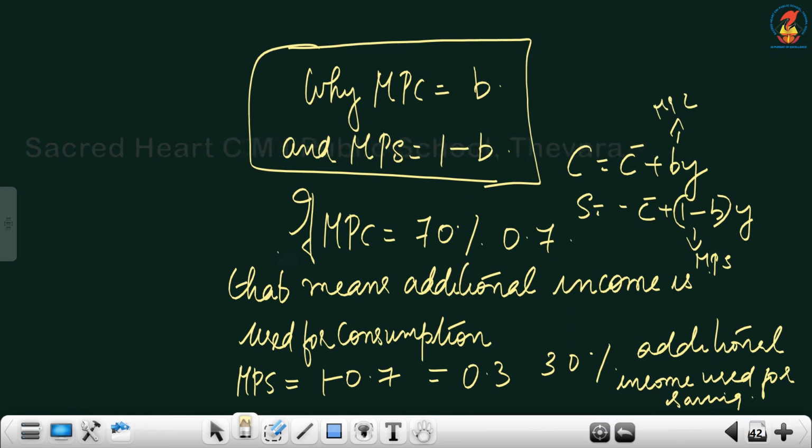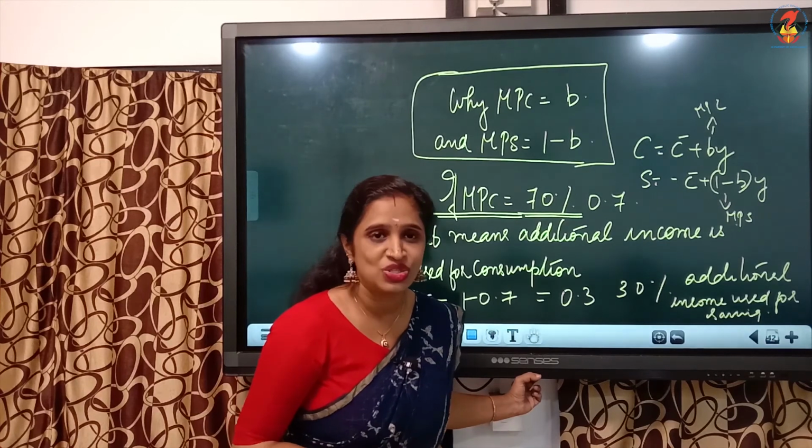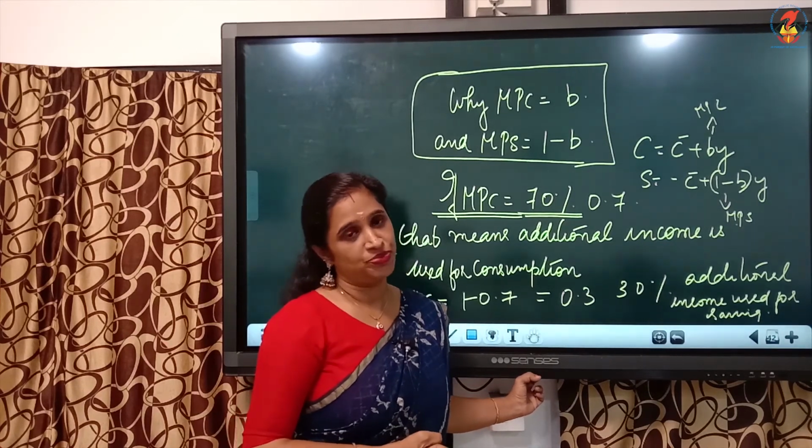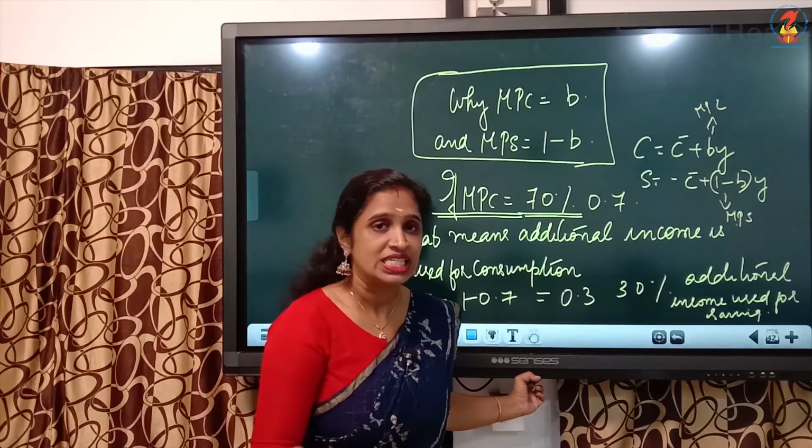Why is it so? We can prove it with the help of an example. If MPC is 70%, what you should understand from that statement is that with every increase in the income in the economy, 70% is used for consumption. So automatically the rest, 30%, should be used for saving, right?